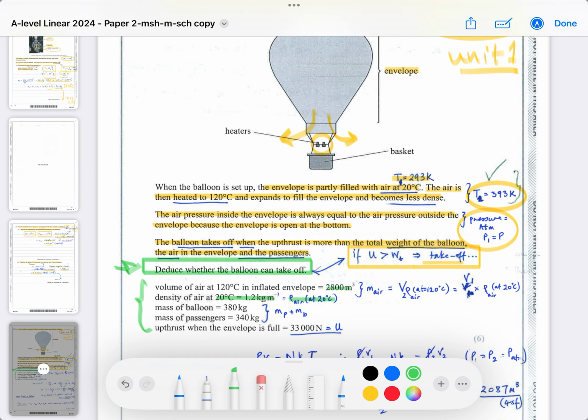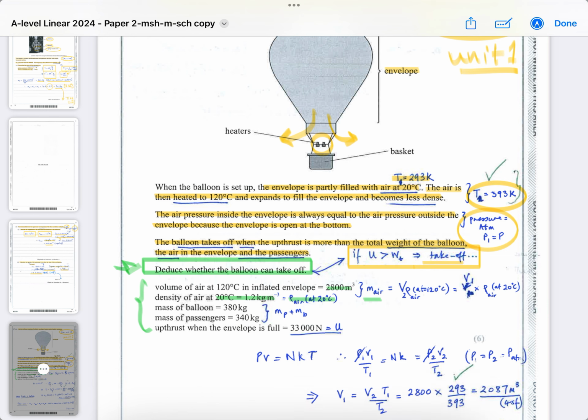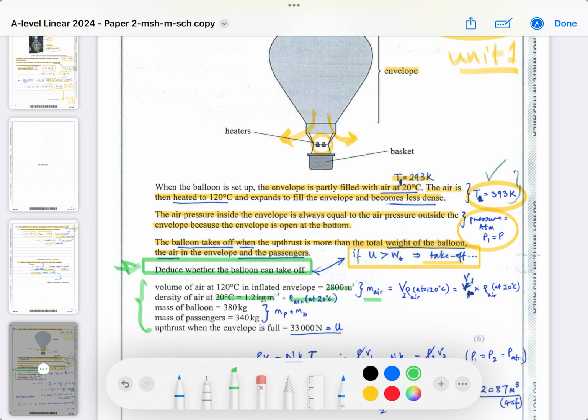So the mass of the air is going to be the volume. So volume 2, what's volume 2? I think that's what they've put, times the density of the air at 120. So we want the second volume, the expanded volume, which we have as 2,800, yeah?